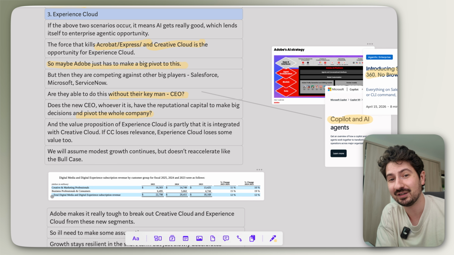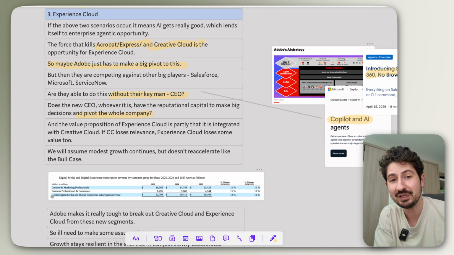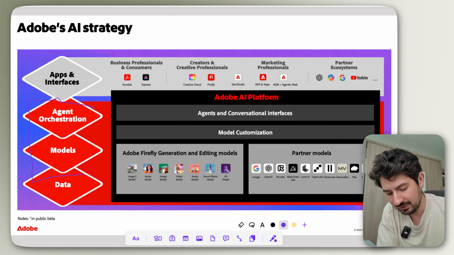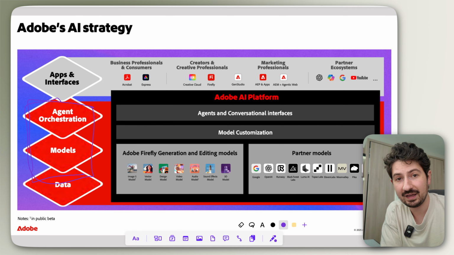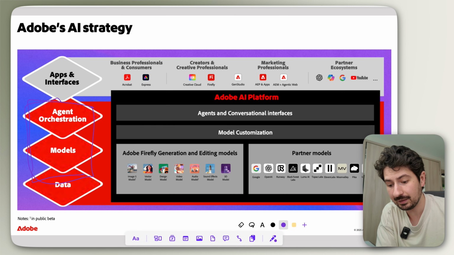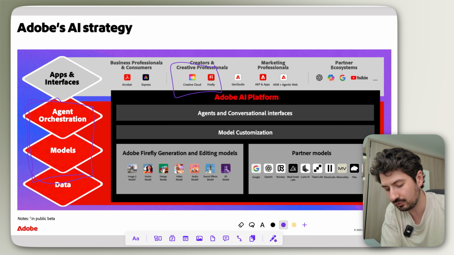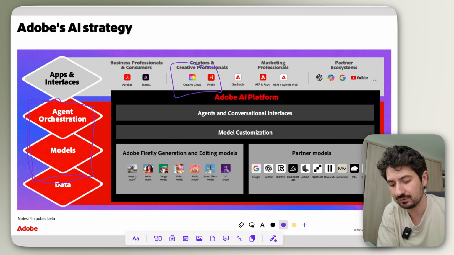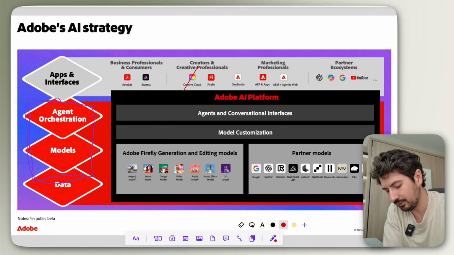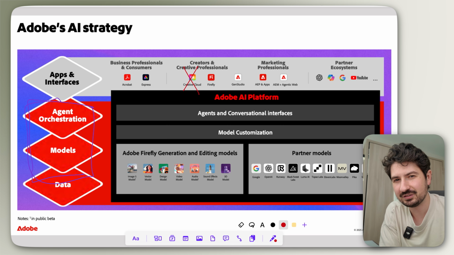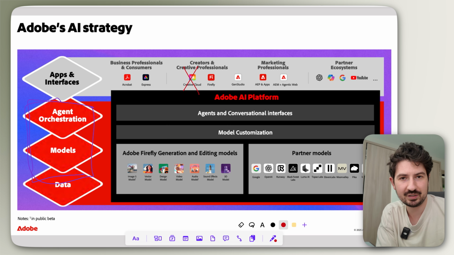That seems kind of unlikely to me, I think. That would be really impressive if they were able to pull that off. And then finally, don't forget that this agent orchestration business model has a value proposition that stems from it being integrated with Creative Cloud that creative professionals are going to use. If Creative Cloud loses relevance, then Adobe's digital experience layer also becomes less valuable.